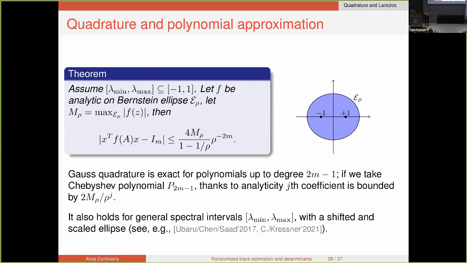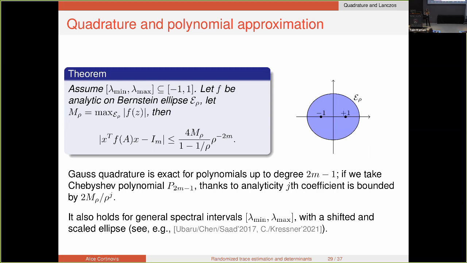To bound the error of such an approximation, you can rely on polynomial approximation results. The general idea is that Gauss quadrature is exact for polynomials up to degree 2m minus 1.